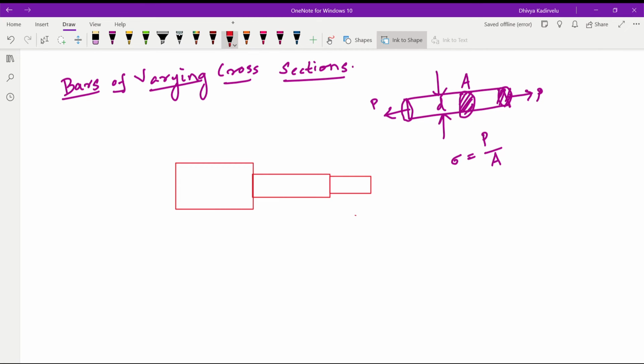And this bar is subjected to some external force P, right?